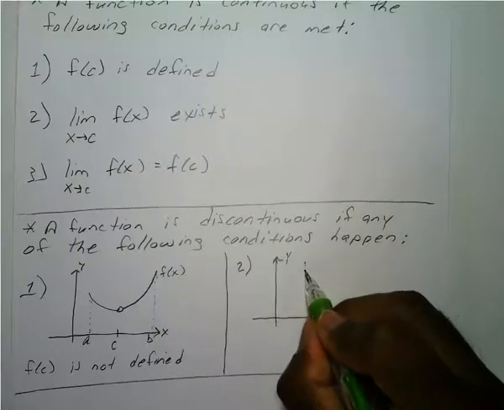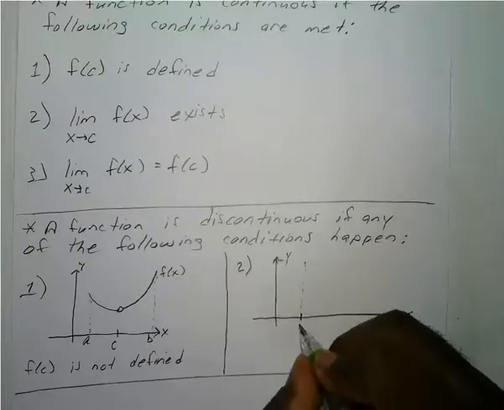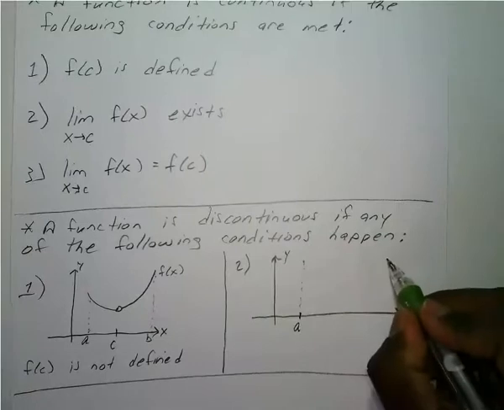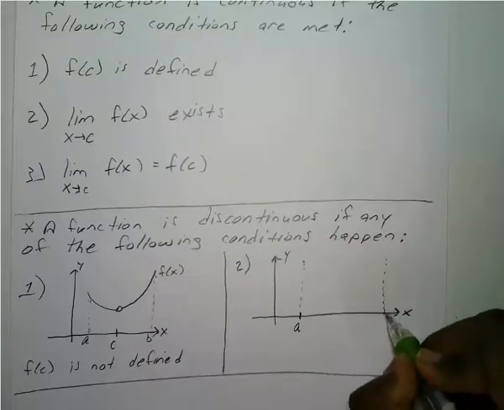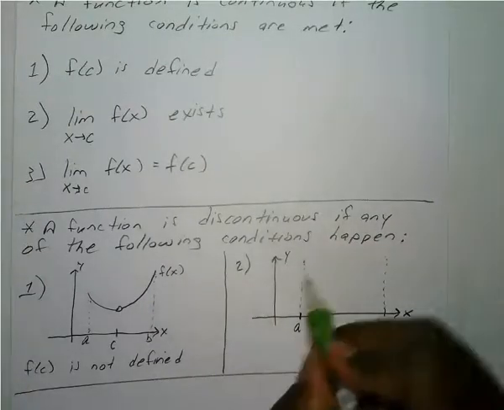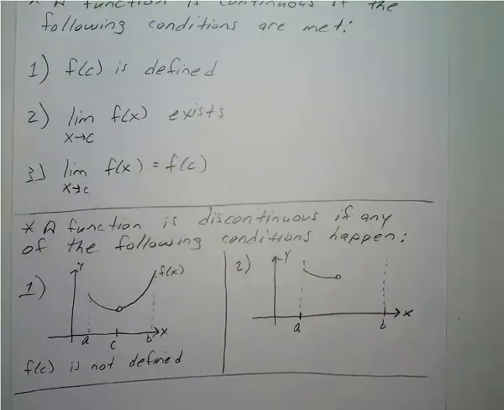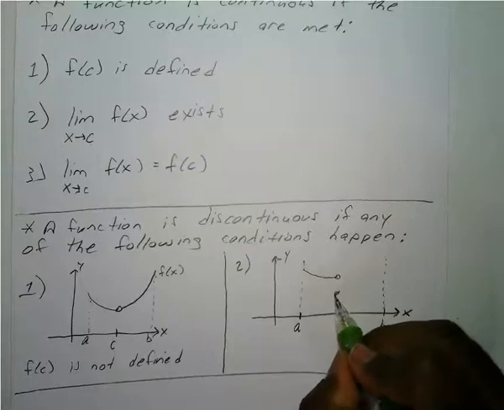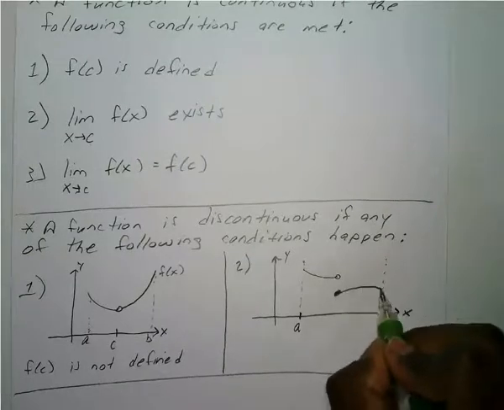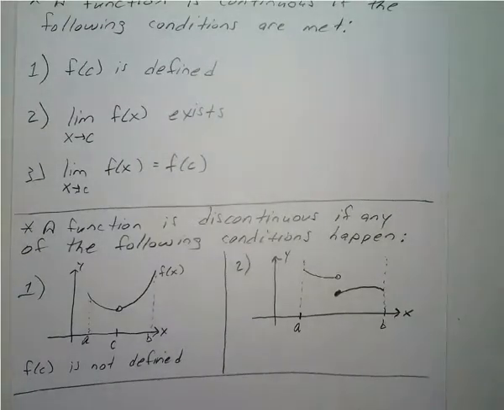Okay, so what if we have point A and the second part of the interval B, but we have a graph that's a piecewise function, and it picks up right there. Okay, so for this one, we see that the second condition is not met because the limit of f of x does not exist.